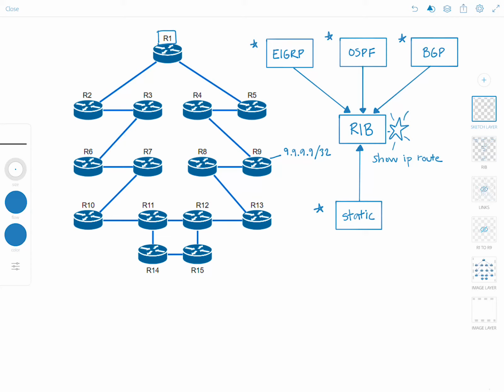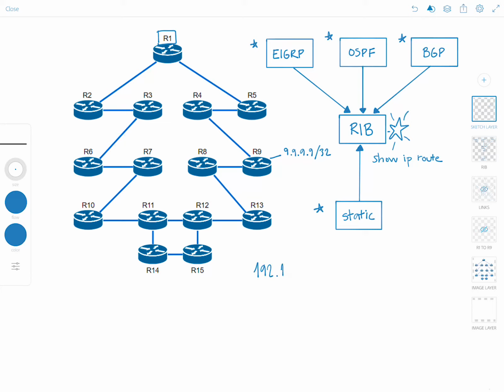Now let's be clear, when I'm talking about a route, I'm referring to a network and prefix length. So for example, 192.168.0.0/24 is one route, and 192.168.0.0/16 is a different route, although the base network is the same. Let me write that down here.